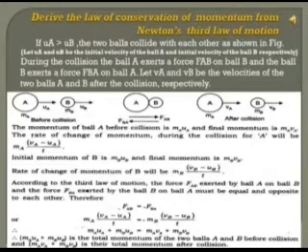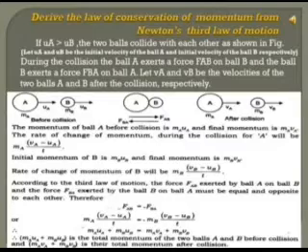Then the momentum of ball A before collision is MAUA and its final momentum is MAVA. By applying Newton's second law of motion, the rate of change of momentum during the collision for A will be FAB equals MA into (VA minus UA) divided by t.